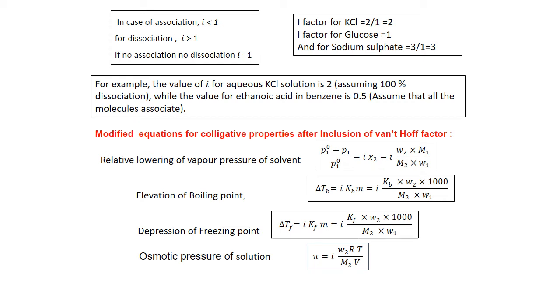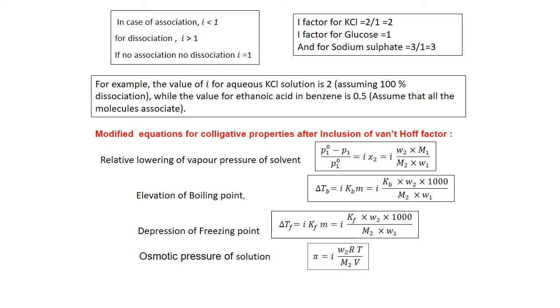For example, KCl. KCl on dissolving in water gives K plus and Cl minus. So number of particles after dissolution will be 2, and before that these were 1. So i factor will be 2 by 1 is equal to 2. In case of glucose, it neither associates nor dissociates. So i factor will be 1 by 1 is equal to 1.